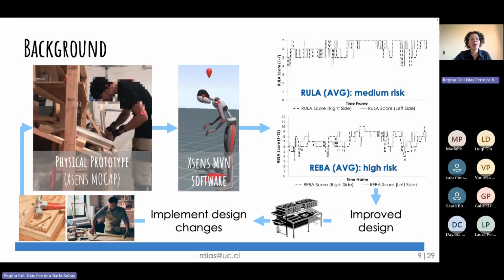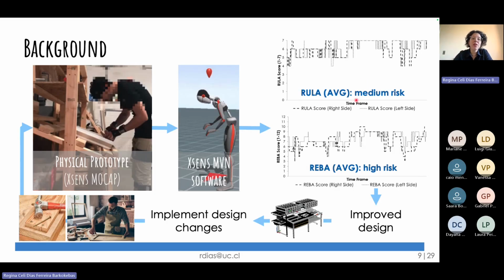Then this mockup system provides me with a video of all the motions that this worker is doing. With that, I can extract the angles that I need to calculate my RULA and REBA scores. So I can have the average risk that the workers are facing across the entire task, or I can even divide that based on subtasks.